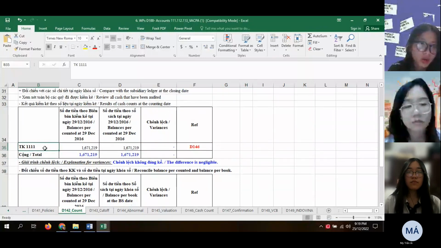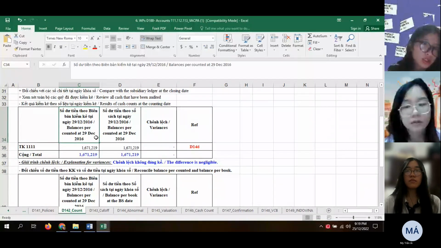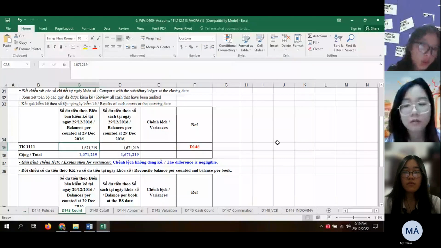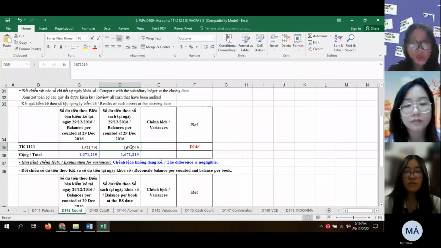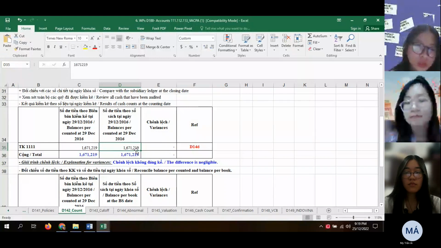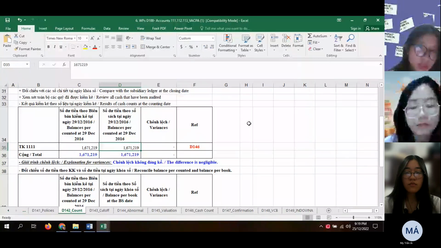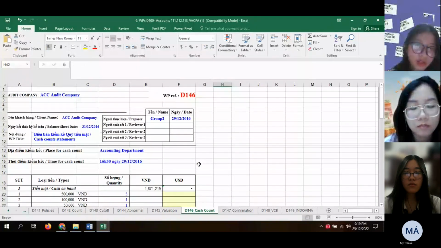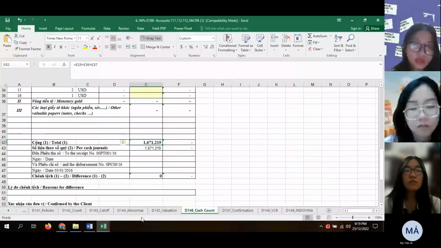For the account 1111, the balance counted at 29 December 2016 is the same as the balance counted at 29 December 2016. We'll reference with D146, the cutoff sheet for this. Here and here, yeah.